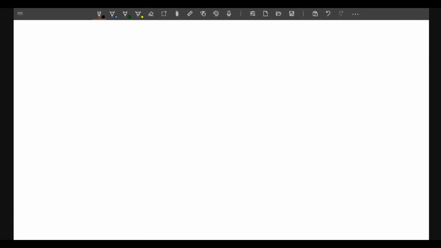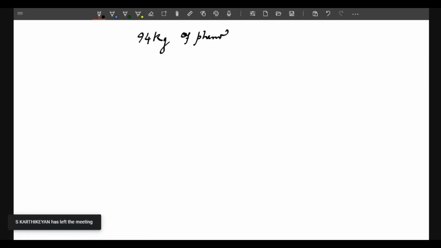What is the time required to brominate a batch containing 94 kilogram of phenol, if the strength of the current passed is 20,000 ampere?